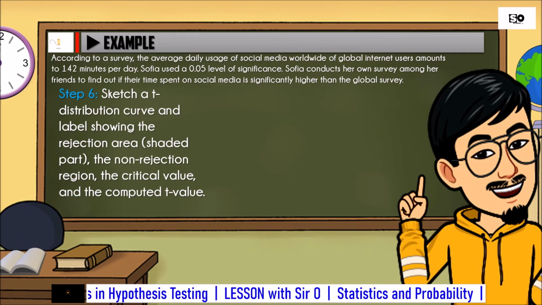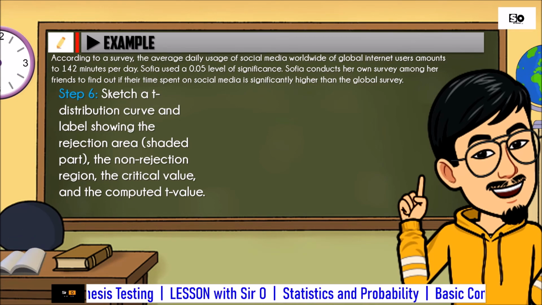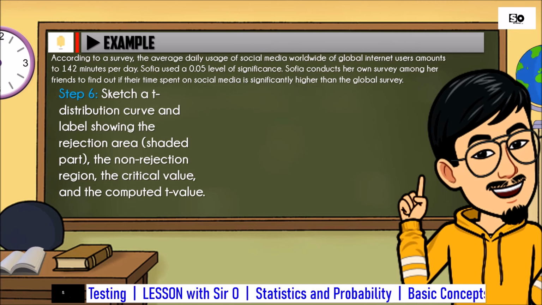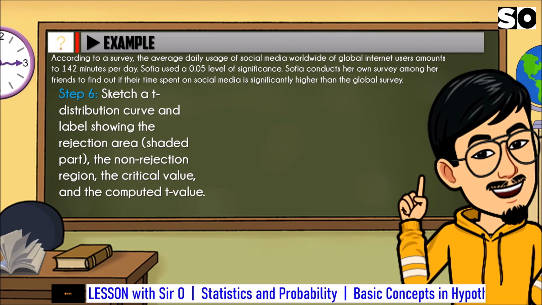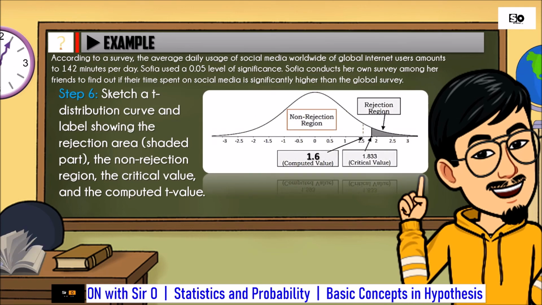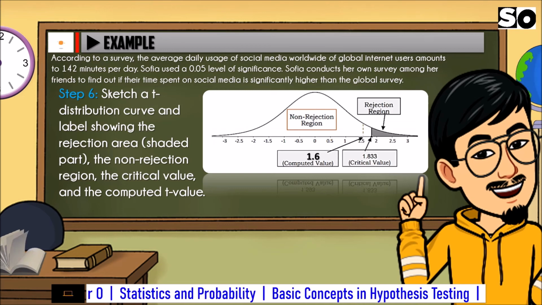Step 6. Sketch a t-distribution curve and label it, showing the rejection area, the shaded part, and the non-rejection area, the critical value, and the computed t-value. As we can see, the computed value is less than the critical value.